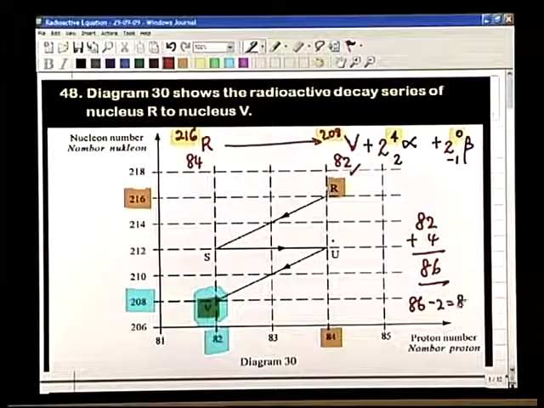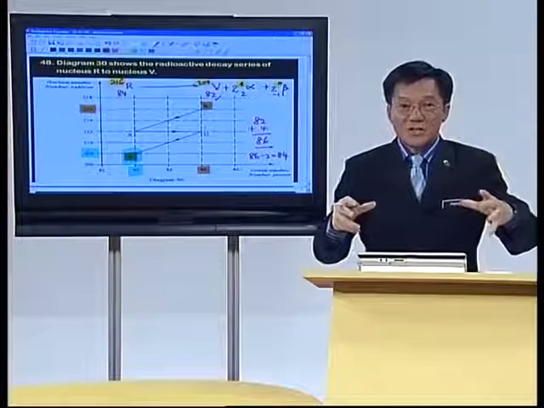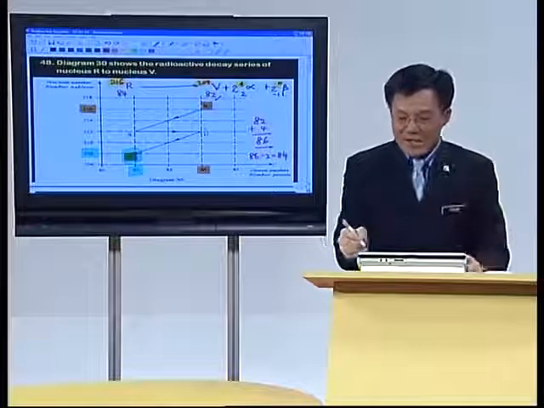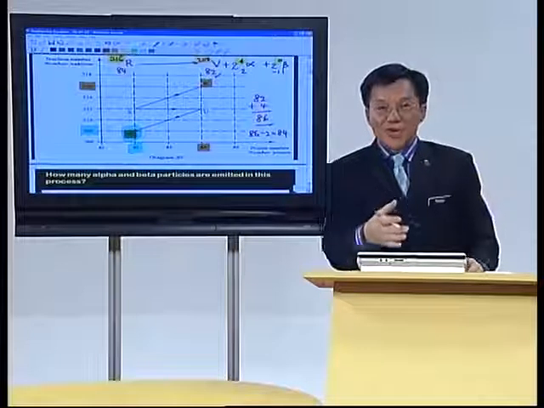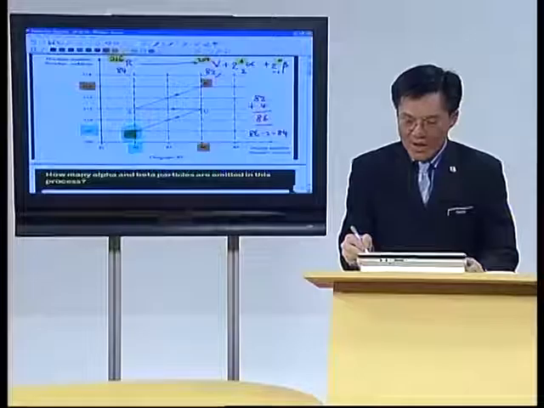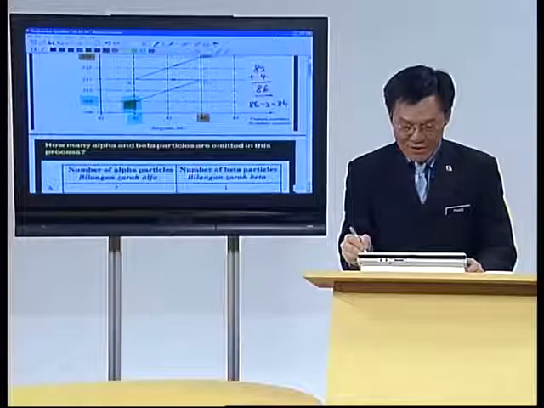So this will give me 84, and 84 is the same as the left-hand side, the proton number. So in short, from this simple calculation, doing a little bit of mathematics, we have understood that in this radioactive decay equation, I have 2 alpha and 2 beta particles given out.